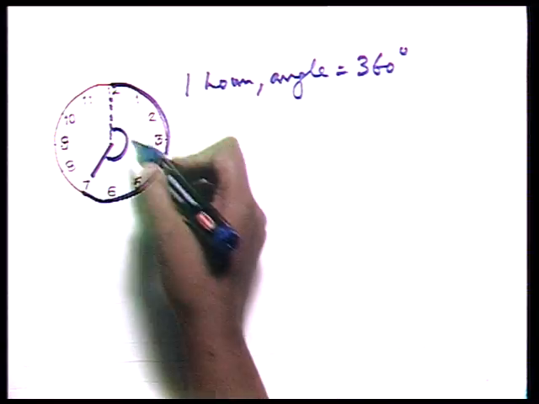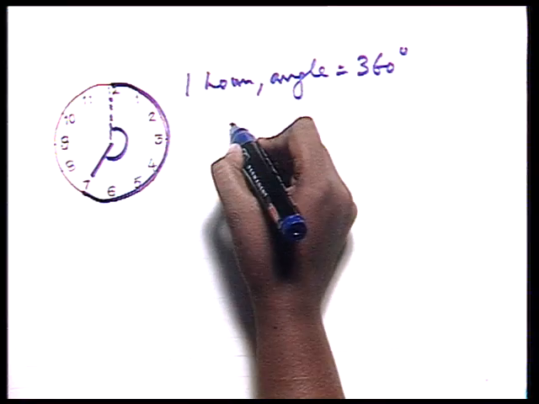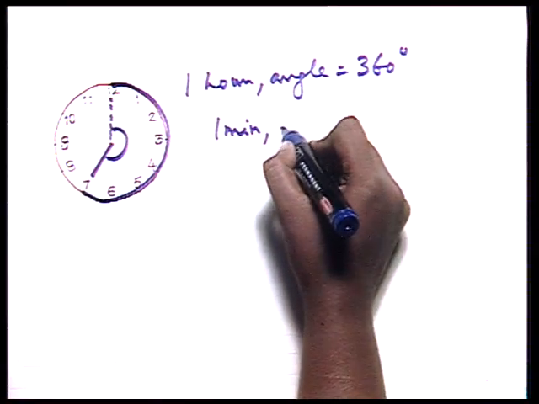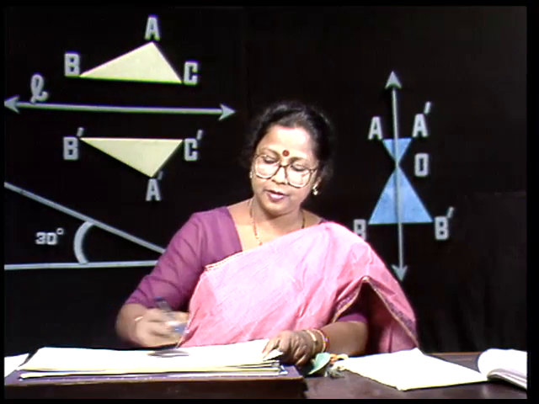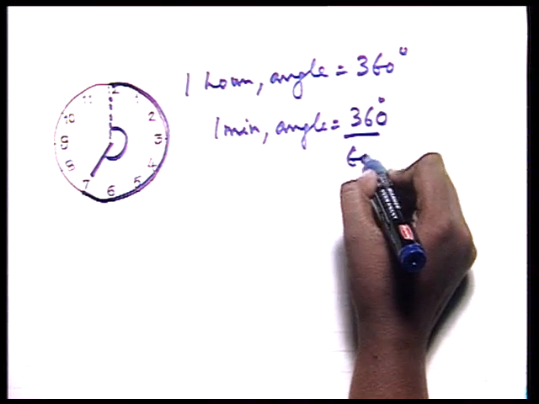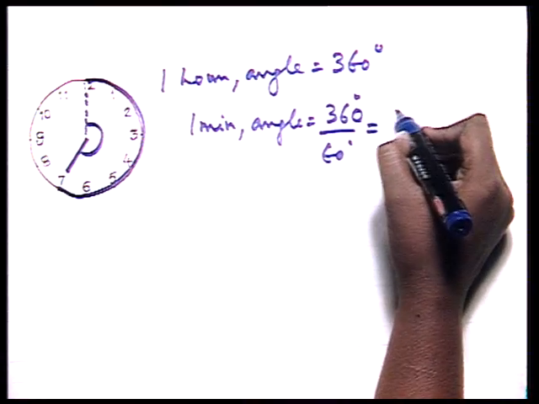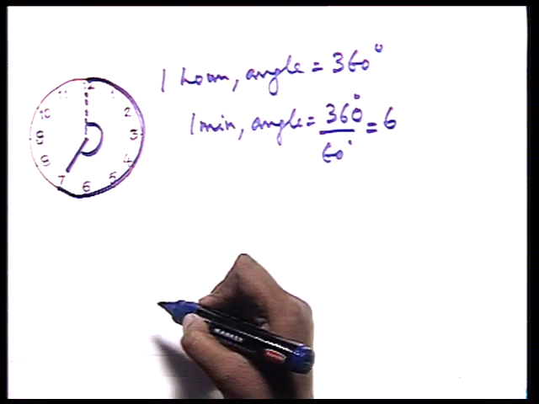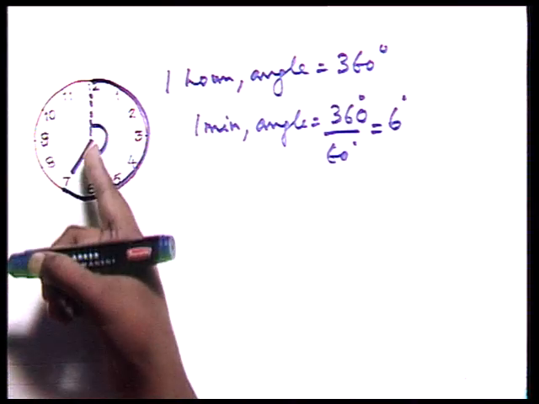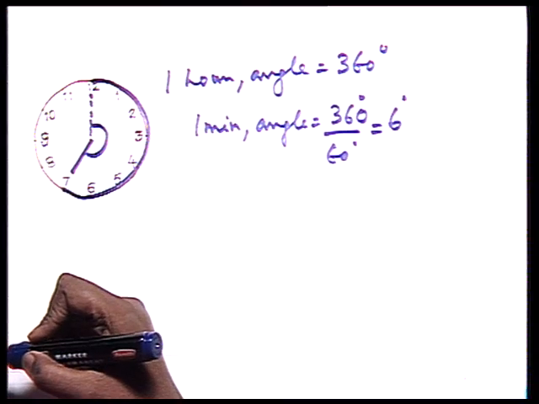So, what will be the angle made by this minute hand in 1 minute? In 1 minute, the angle made by this minute hand will be 360 degree upon 60, that is equal to 6 degree. So, in 1 minute the minute hand moves an angle of 6 degree.